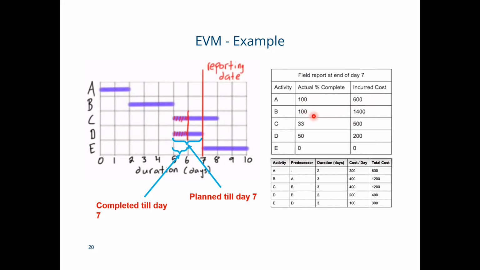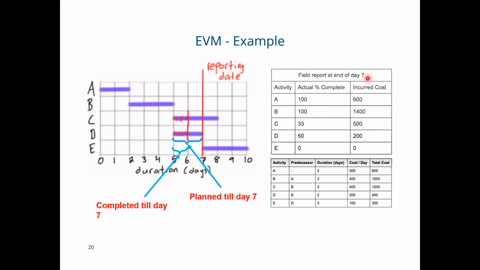Now activity B, by the end of the reporting day, which is day 7, is also 100% completed, right? You see the incurred cost is 100, but our budgeted or planned cost is 1200. We'll talk more about it later on. Just have a look at it, notice it.